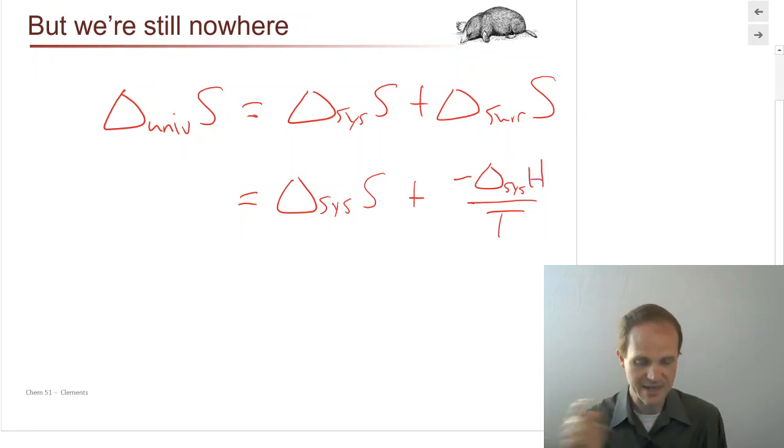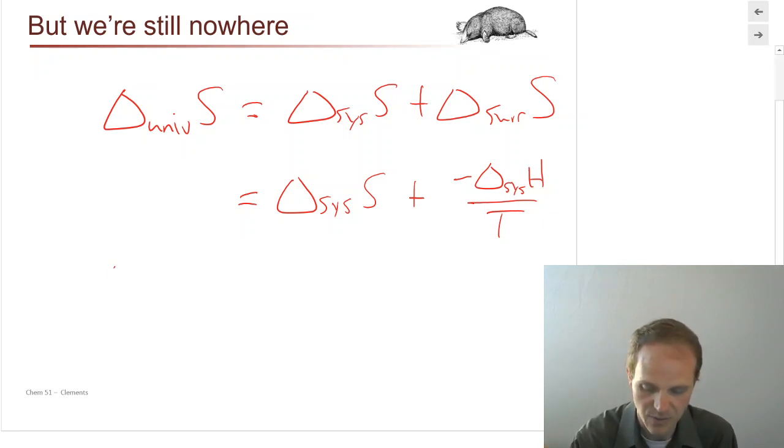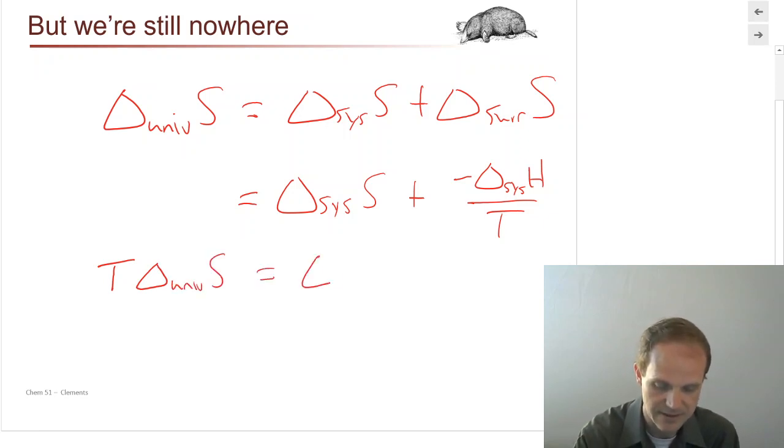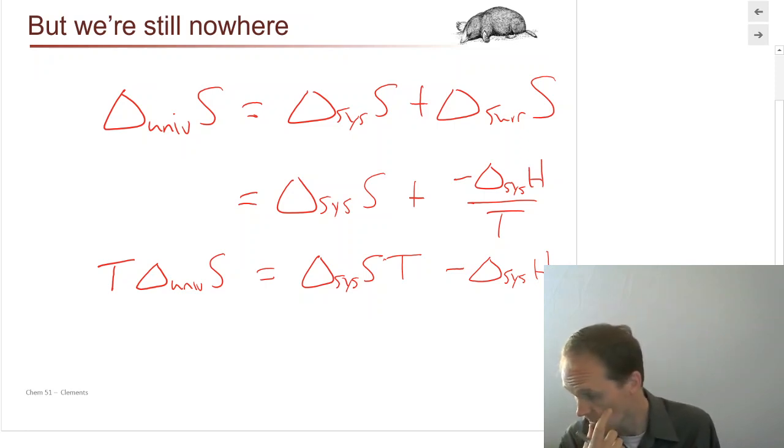So cool. Now what I'm going to do is multiply by T on both sides, and you'll see why later. So I've got T times the delta S of the universe is delta S of the system times T minus delta H of the system. So I've got this relationship here.